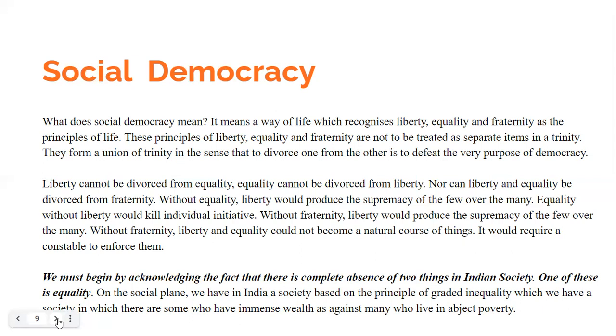If you simply get equality, just distribute the resources, but people are not given liberty, then that would kill individual initiative. People would not have the freedom, they would be forced to act. That is not tolerable. So government should not force the people to act. Even for equality, it should be equality with liberty.